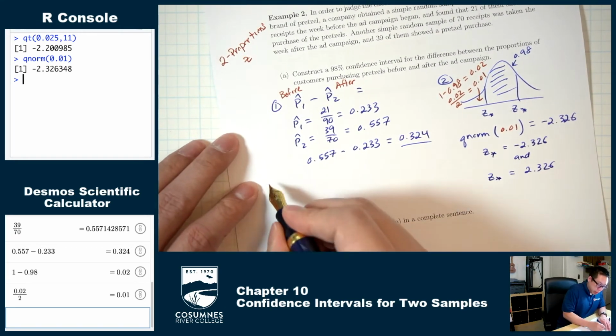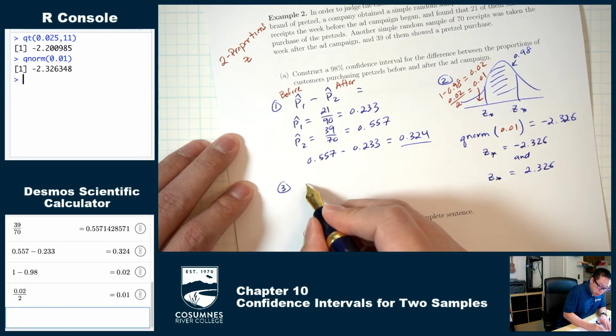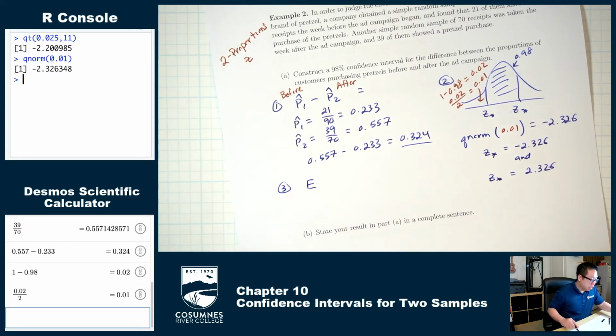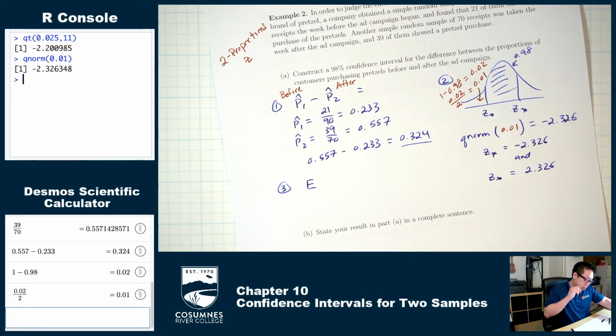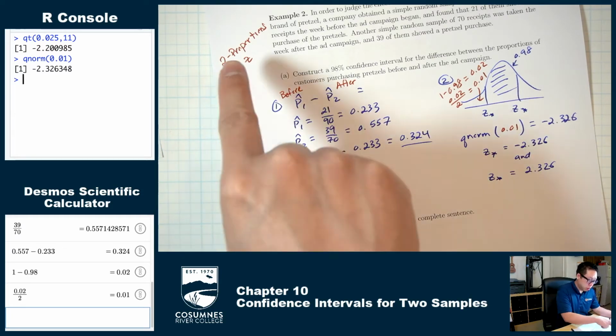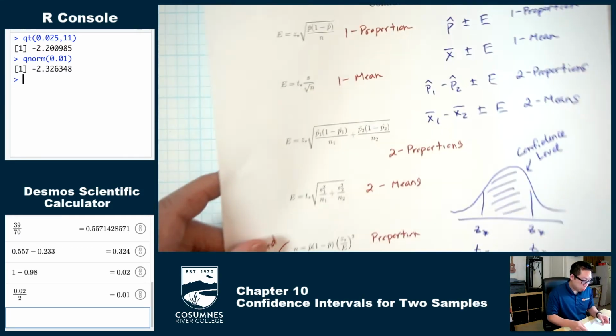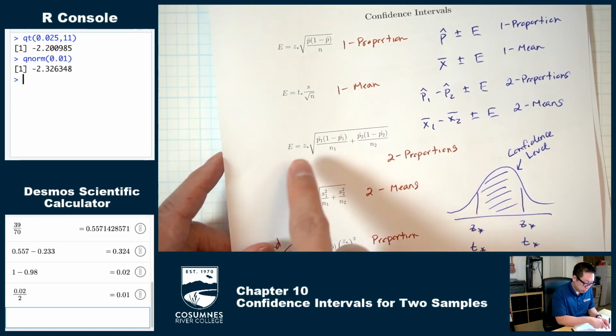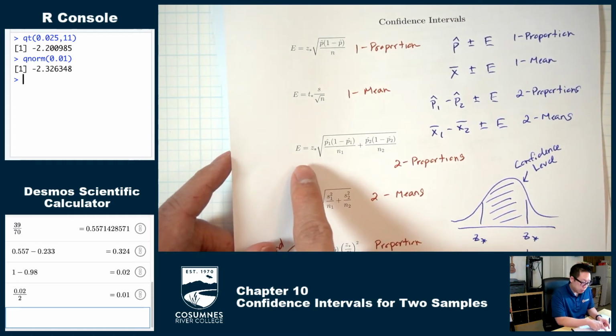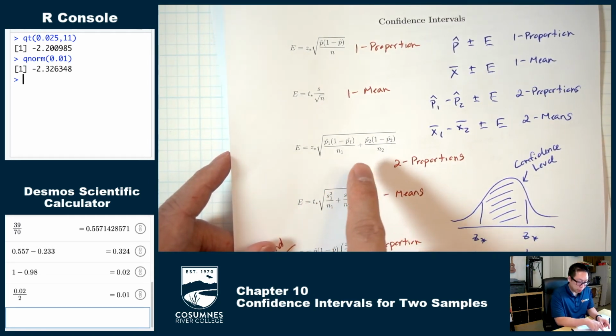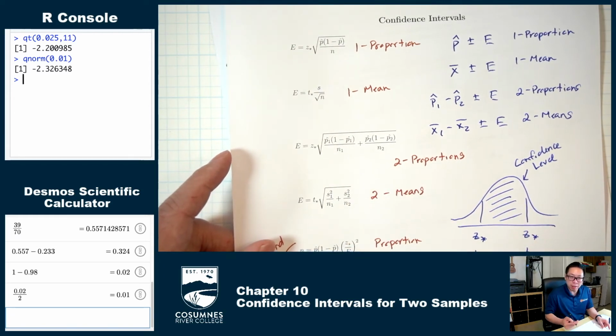All right, step 3 is to actually calculate your margin of error E. Let's look for the correct formula for margin of error here. This is a two proportion situation. For two proportions, we're using this one: Z star and then a big square root with a whole bunch of stuff inside. Let me copy that down.